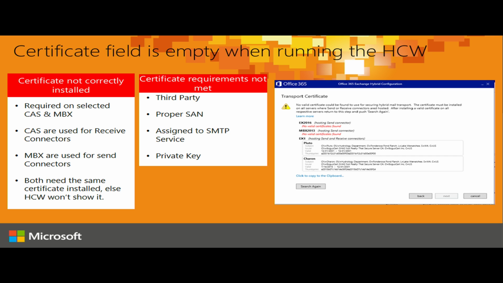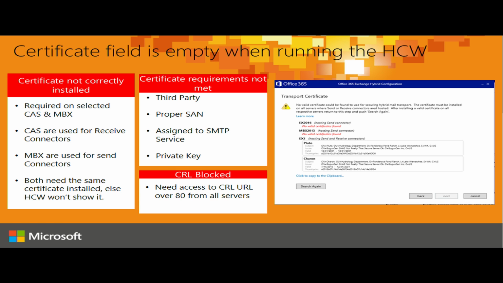Again, third party, proper SAN assigned to the SMTP service should have a private key. Another common issue, I've seen this in a couple of my customers. The certificate requires certificate revocation list validation, the CRL validation, right? And it's using port 80 to go to the certificate provider.